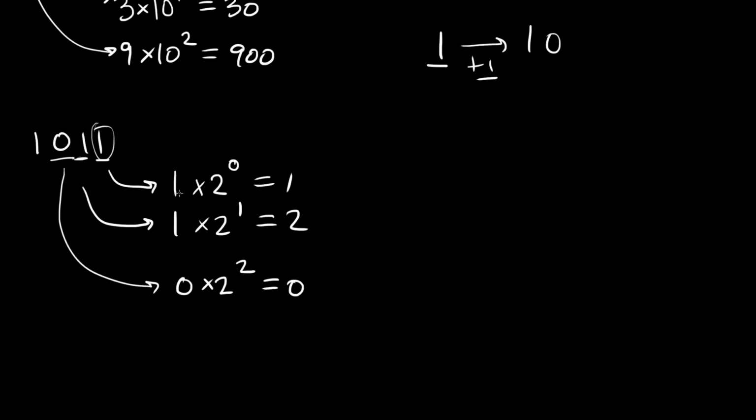And the reason why is because if we keep going up here, right, if we add this by 1 again, we get 1, 1. And then if we add 1, 1 by 1, then we get 1, 0, 0. And how many 1s did we add in total? There's 1 here, 2, 3, 4.